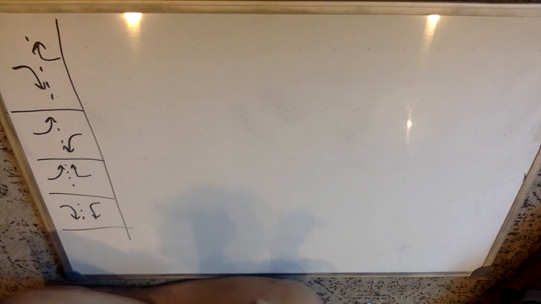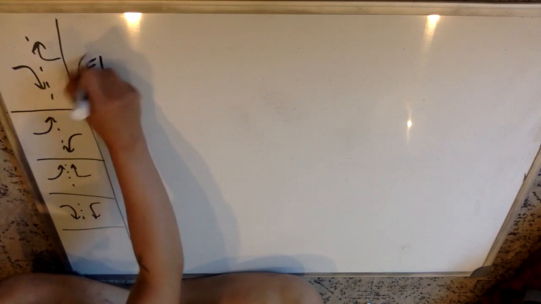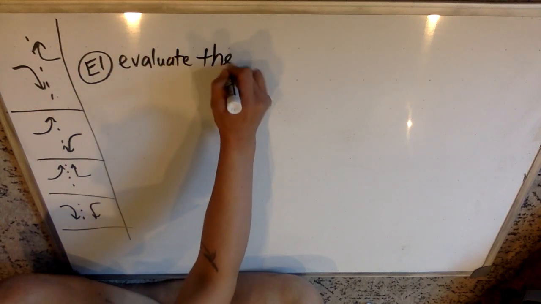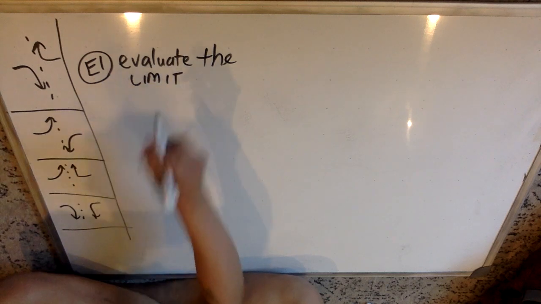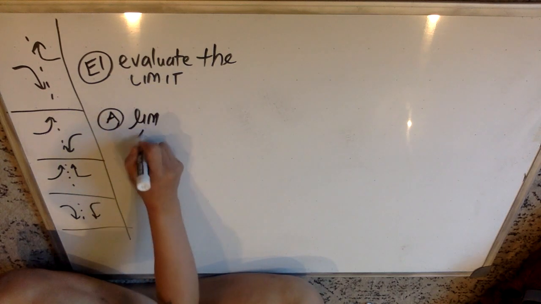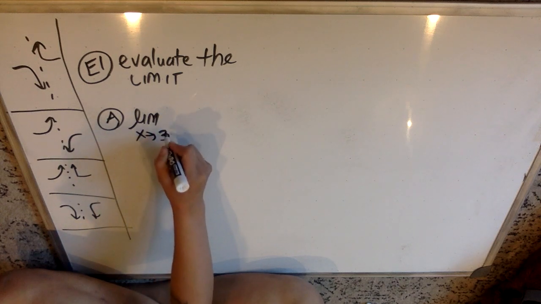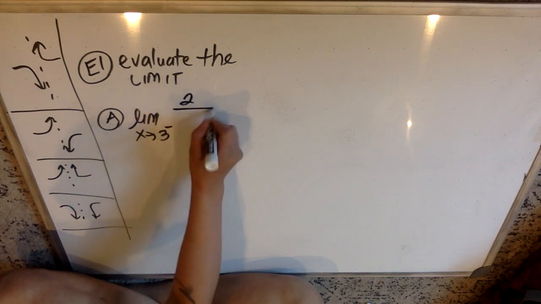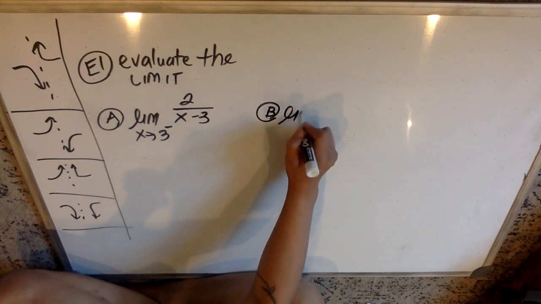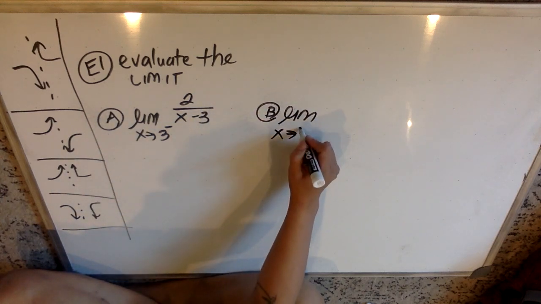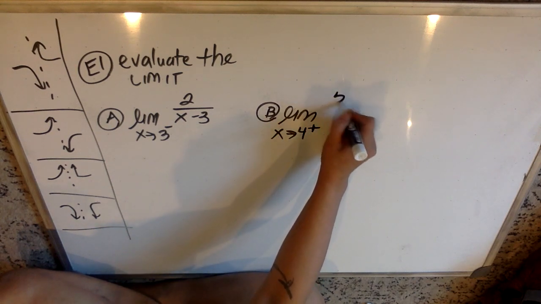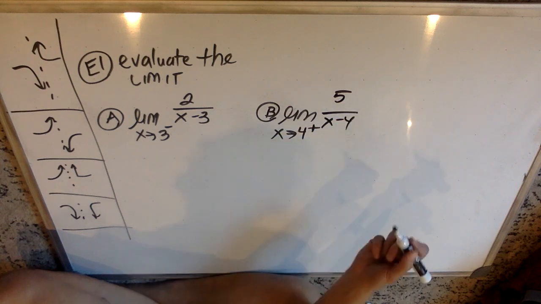So let's go ahead and call this example 1, all right? And we're going to evaluate the limit. Okay, so let's do the limit as x approaches 3 from the left of 2 over x minus 3. Let's do the limit as x approaches 4 from the right of 5 over x minus 4.